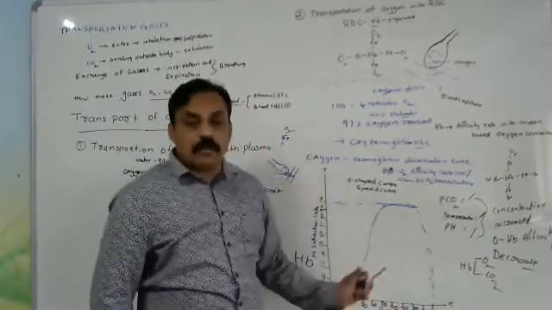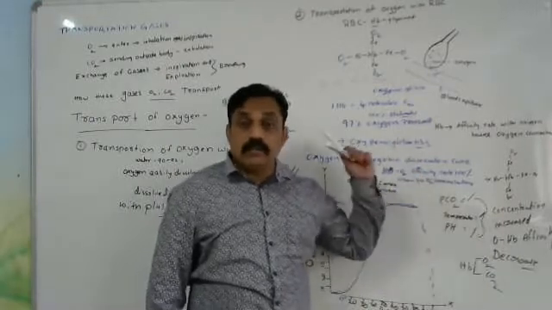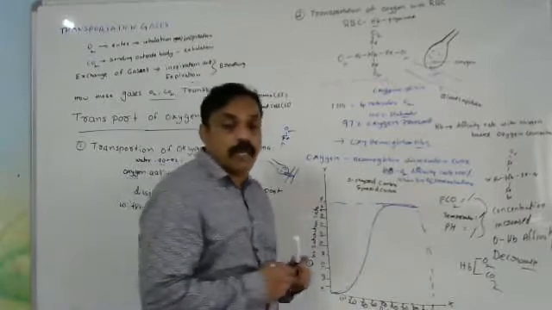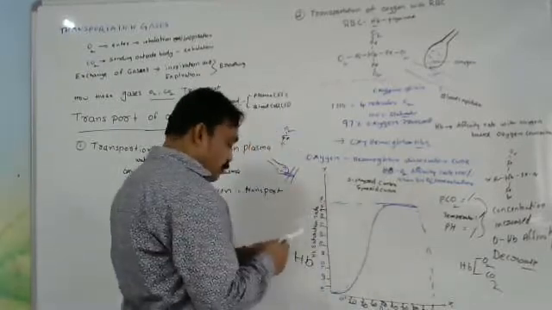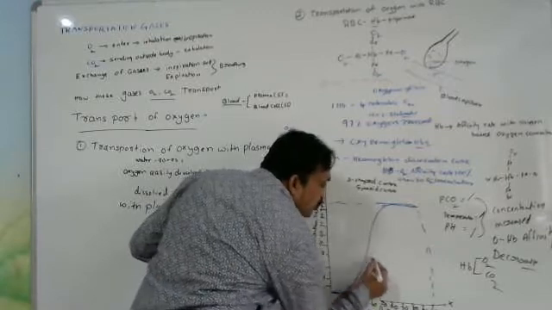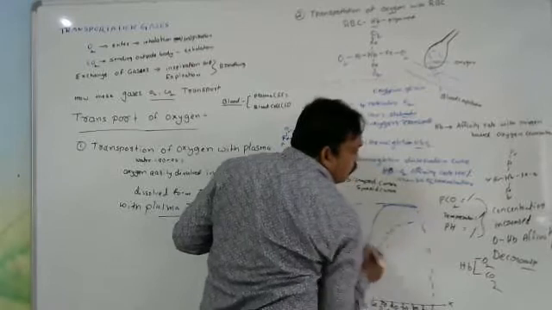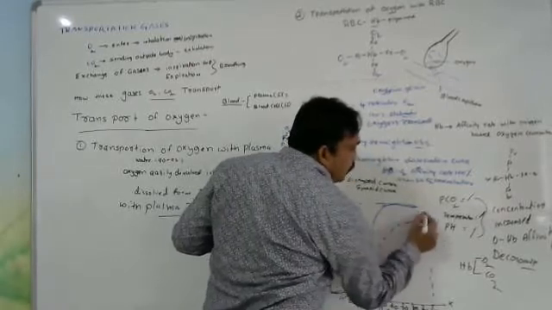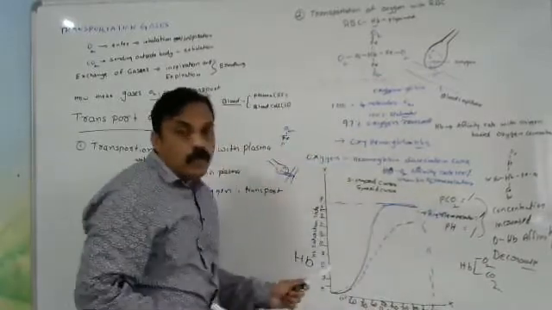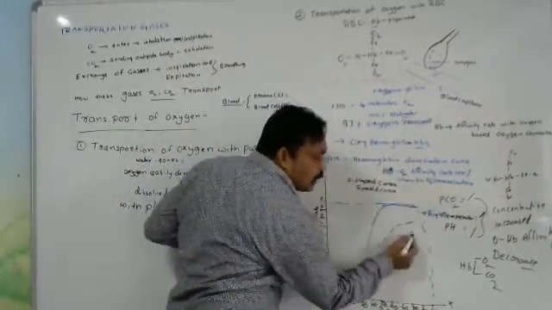Sometimes when the carbon dioxide percentage and temperature are increasing and hydrogen ions are increasing in blood, automatically the hemoglobin and oxygen saturation rate turns to the right side. It is moving to the right side. If you observe, there is one more sigmoid curve moving toward the right side.